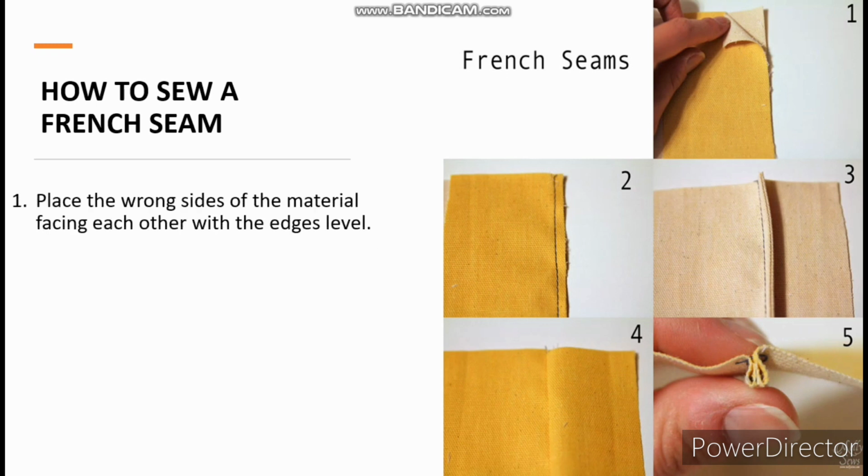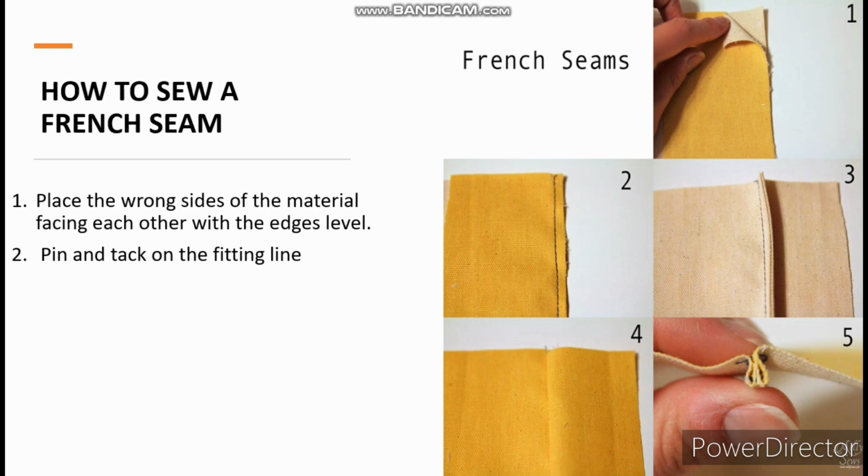Now you want to sew a French seam. Number 1, place the wrong sides of the material facing each other with the edges level. You can see it from the picture. Number 2, pin and tack on the fitting line.